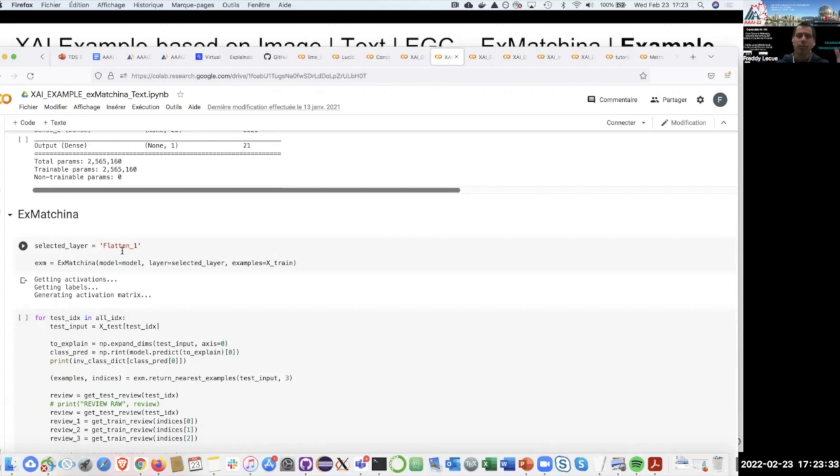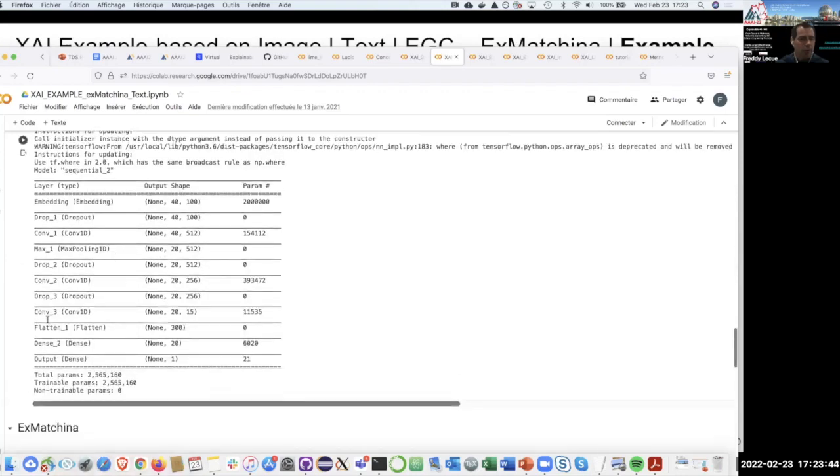By the right level of representation, I mean you need to take the output of a particular layer, and that particular layer here is the flatten one. The flatten one, you see, is just before the dense one and the output, so just right after the last convolution layer. That's where you have 300 dimensions, and then you reduce to 20, and then you reduce to 1. So that's where you have 300, and it's quite representative for doing comparison.